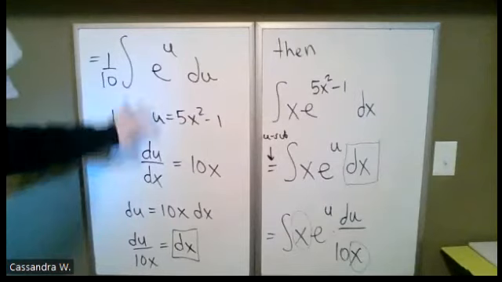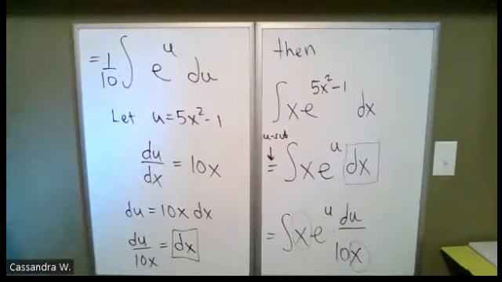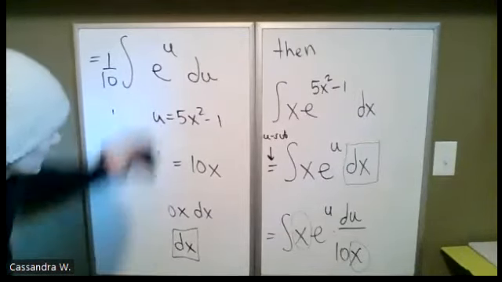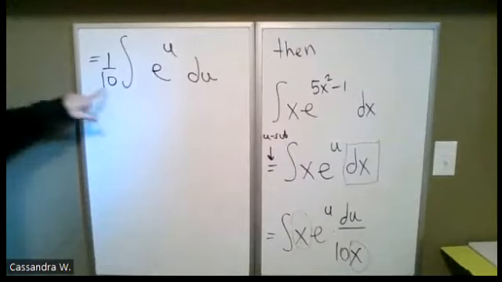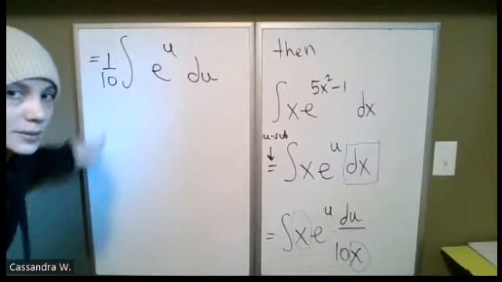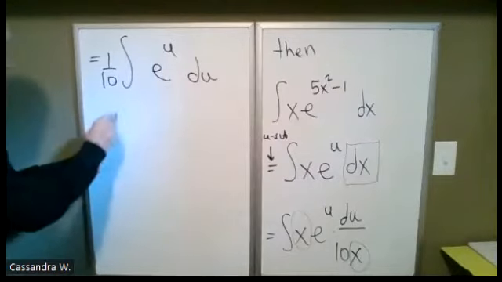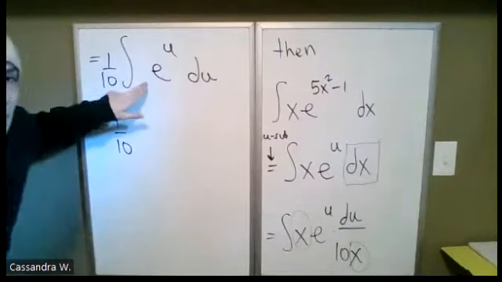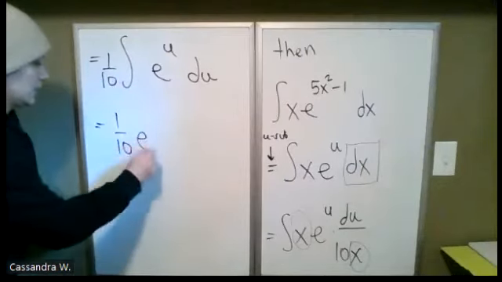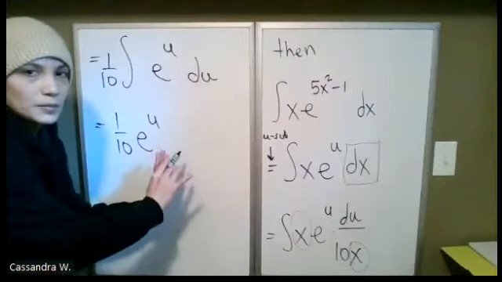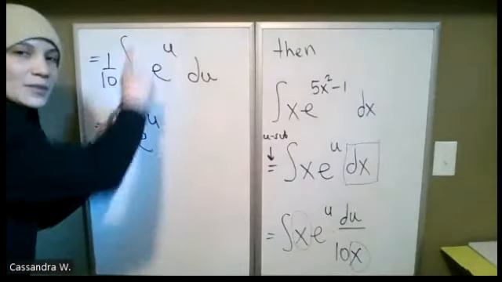Okay, so there's this 1/10 times the integral of e to the u, which is e to the u. And then you get that plus c since it's an indefinite integral.